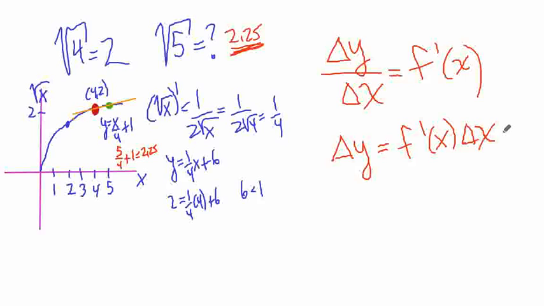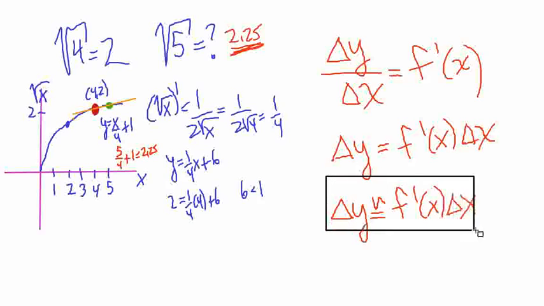But all of this is to say that the change in y along the square root graph is approximately the derivative times the change in x. In other words, what I'm trying to do is boil down what I just did using the tangent line to a very simple compact equation. This of course is the same thing, just in a different format.